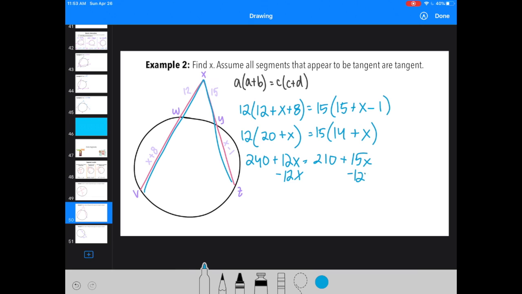I'm going to subtract my 12x to keep my x positive. Subtract 210 from both sides. So 240 minus 210 is 30, equal to 3x. I divide by 3 to give me x is equal to 10.